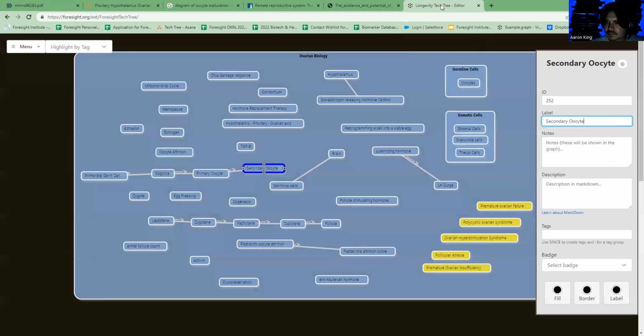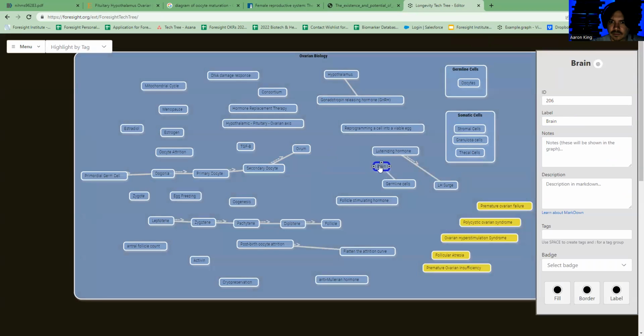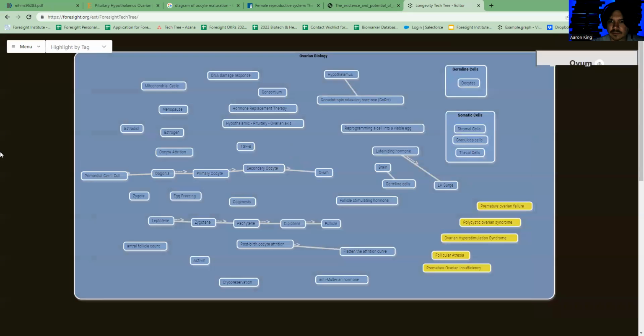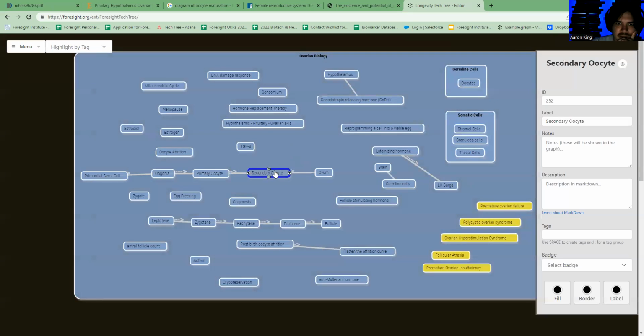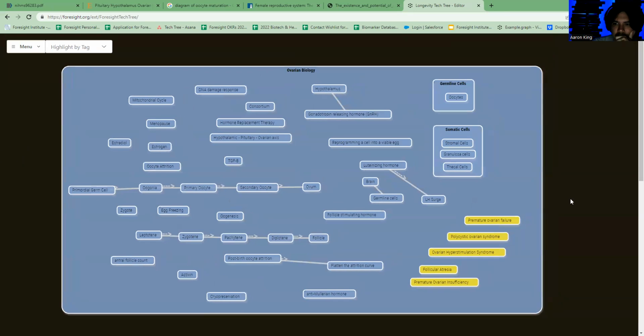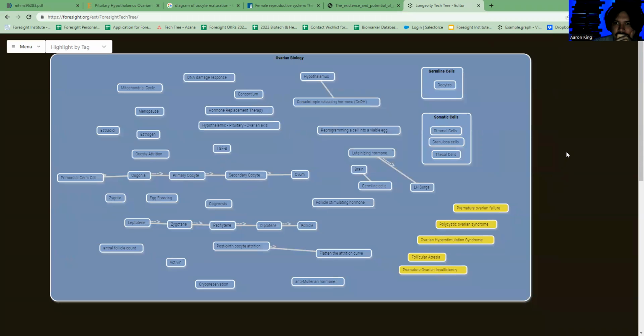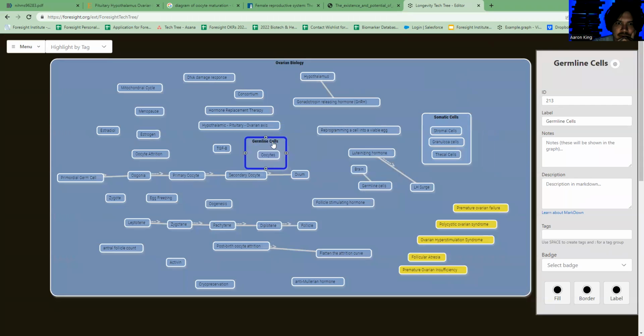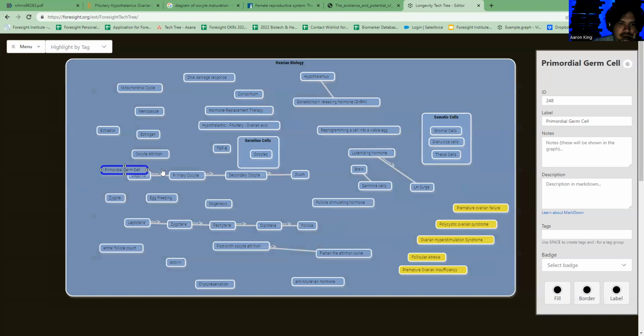Ovum. Okay. Oh, here we go. Oocytes. I guess these should all go inside of there. We'll do that.